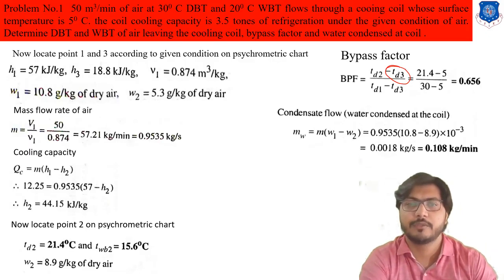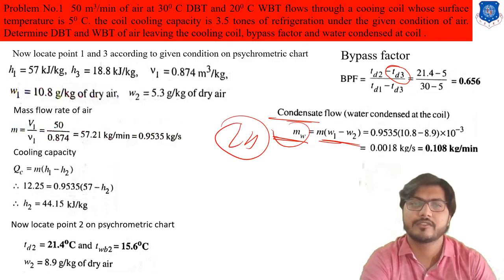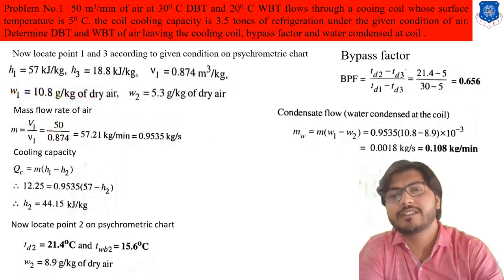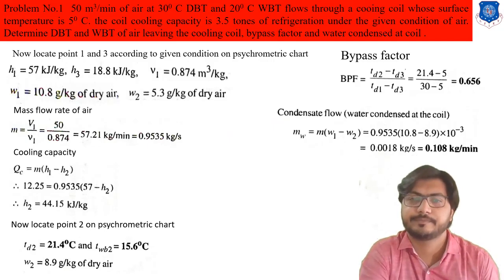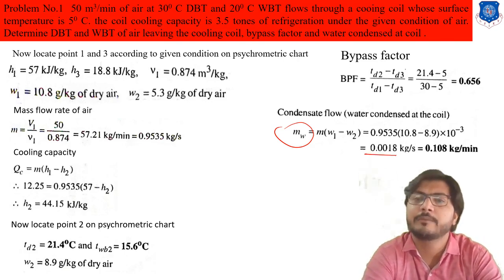We use the formula MW, condensation due to change in specific humidity, from the concept of latent heat: MW equals mass of air supplied times W1 minus W2. We already know the W1 and W2 values, so we put them in and calculate the mass of water condensed on the coil, that is 0.0018 kg per second or 0.108 kg per minute.